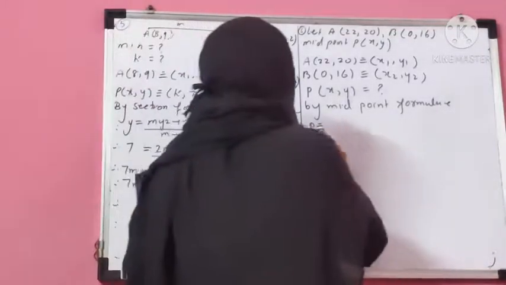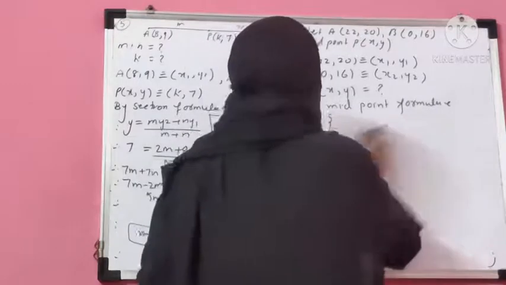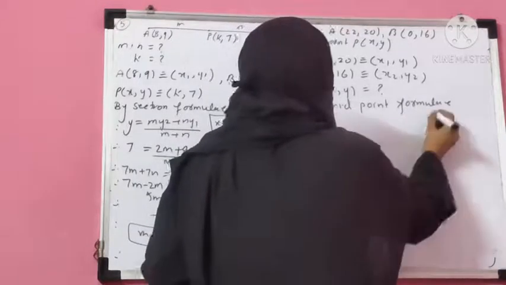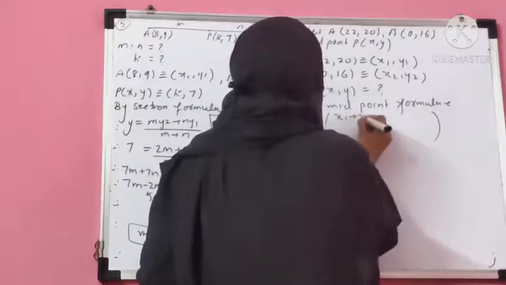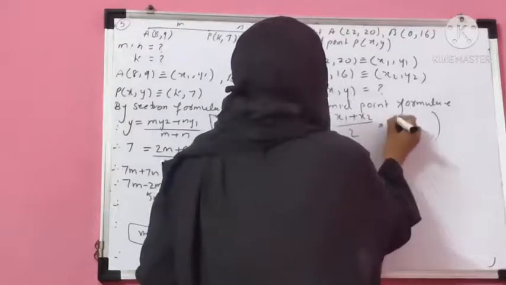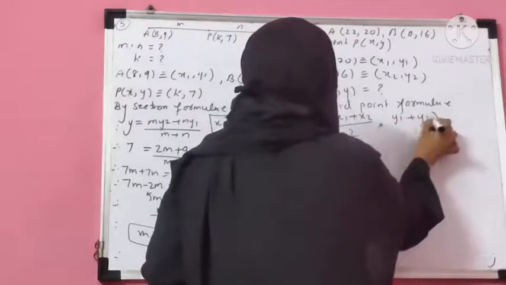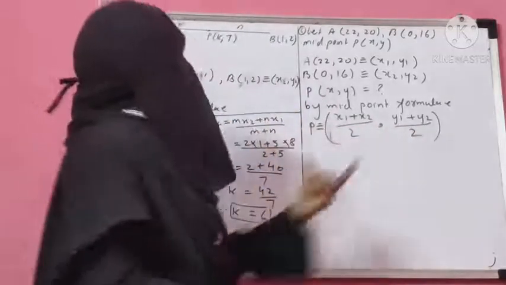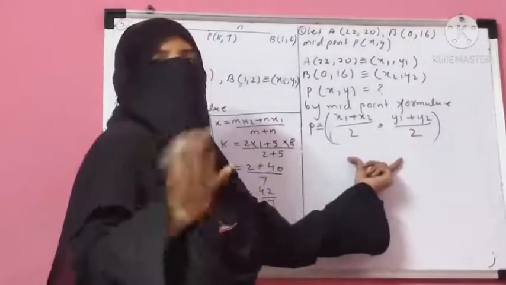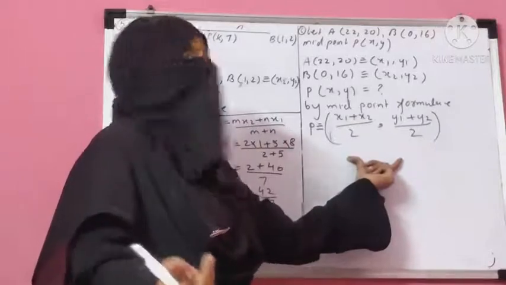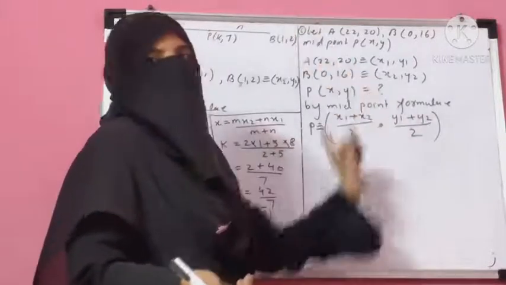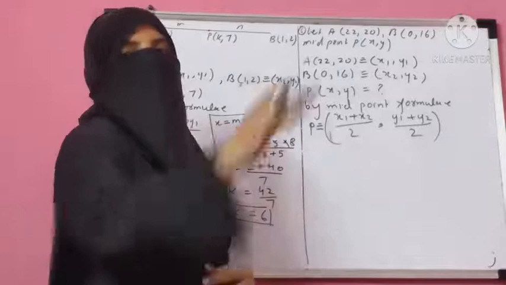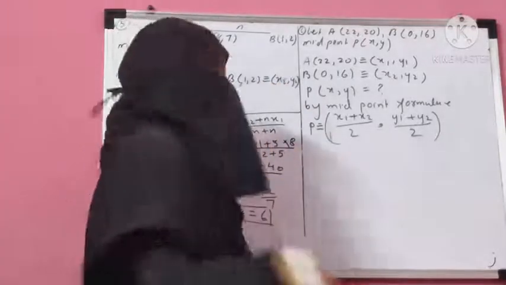So the coordinate of point P, that means the midpoint, is the x coordinate (x1 plus x2) divided by 2, comma, the y coordinate (y1 plus y2) divided by 2. When you have to find the coordinate, use the x and y formula together. But when the coordinate is given, then use the formula separately, x coordinate separately and y coordinate separately.